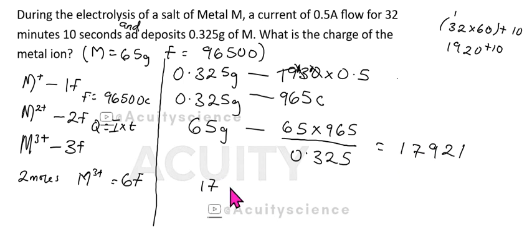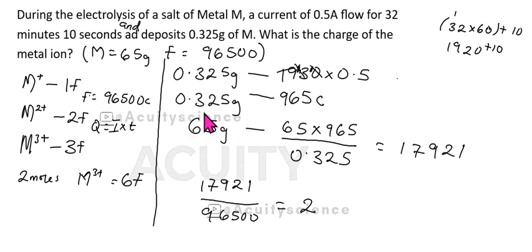So 17921 divided by 96,500. The answer is 2. So it takes 2 Faraday to discharge 1 mole.